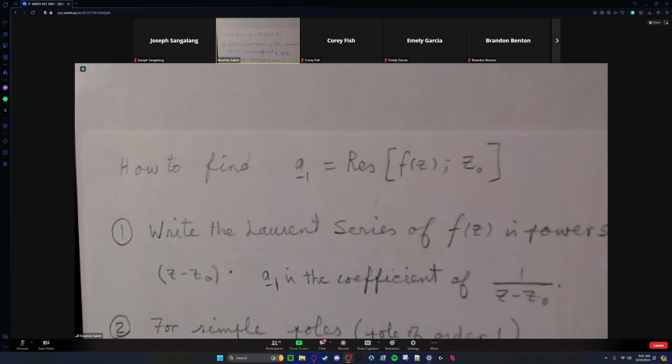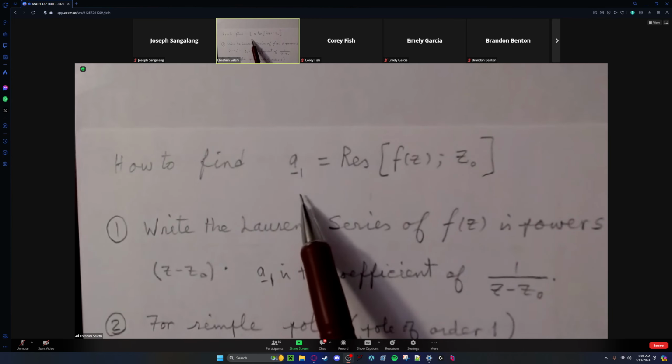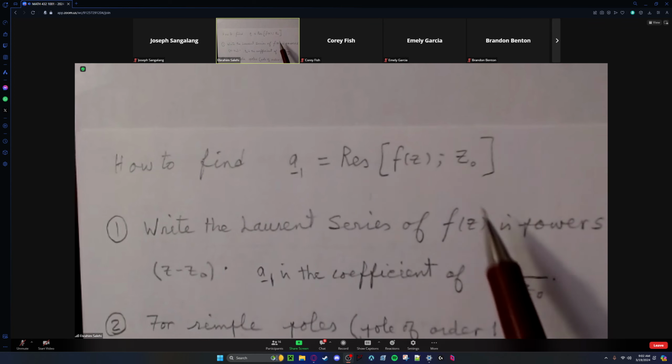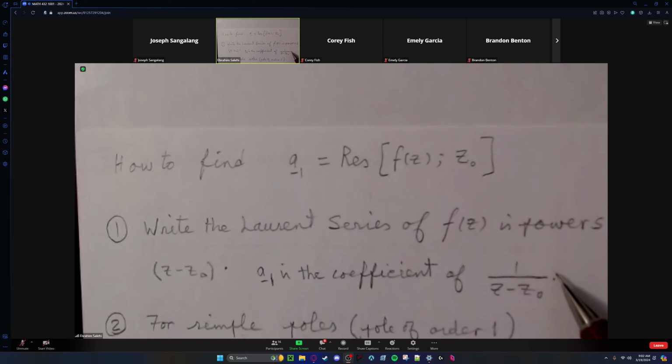First, of course, the question is, how do we find that residue? Well, the very natural way is writing the Laurent series, with the center being this point, and the coefficient of this term is that residue. That's a very natural way of doing it.